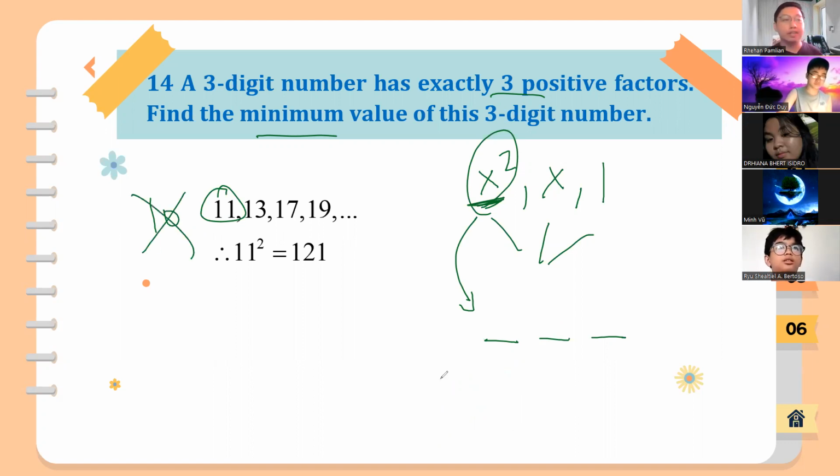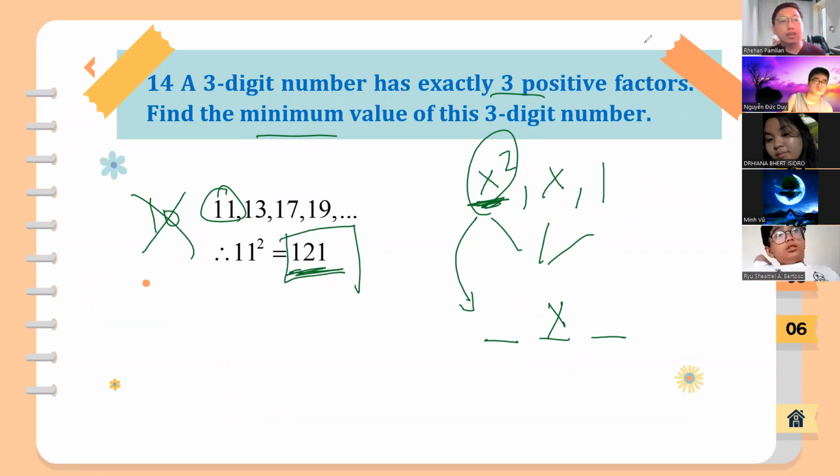Now, if you check 11, that's a prime number, correct? Squaring a prime number would be your best solution. So in this case, guys, x should be prime so that you would not get any other factors, correct? So 11 squared would be 121.